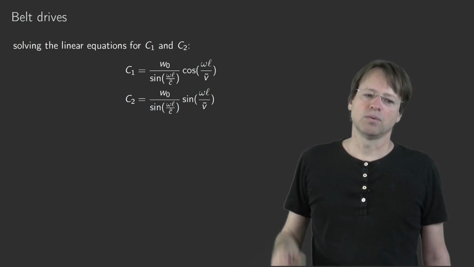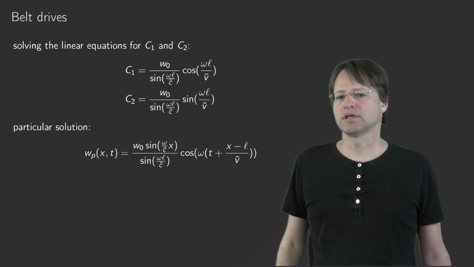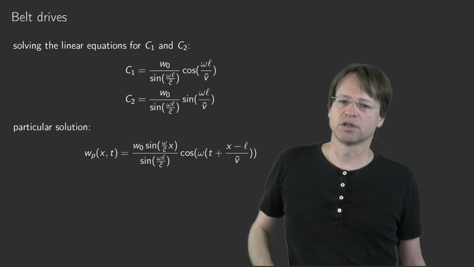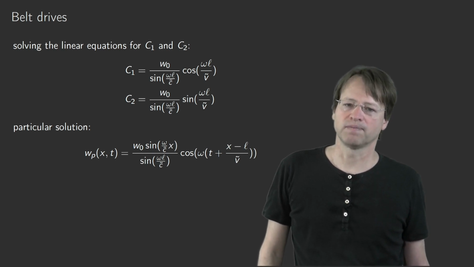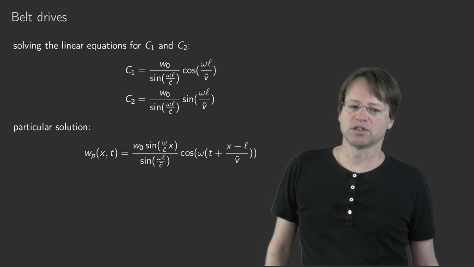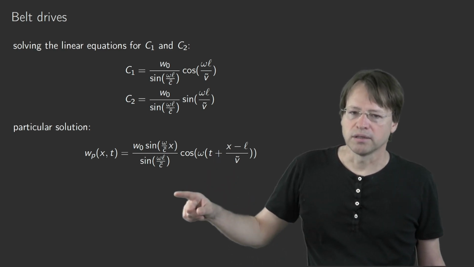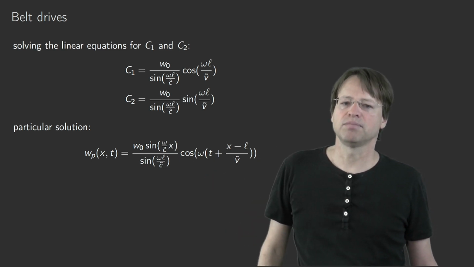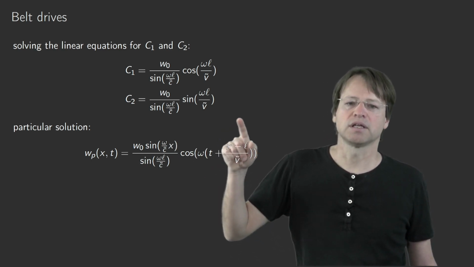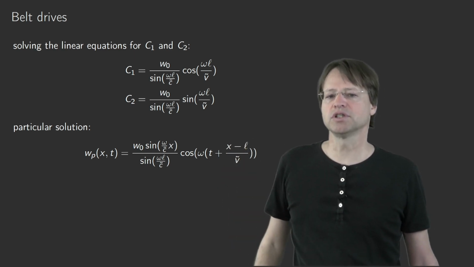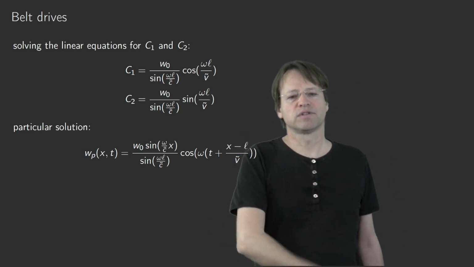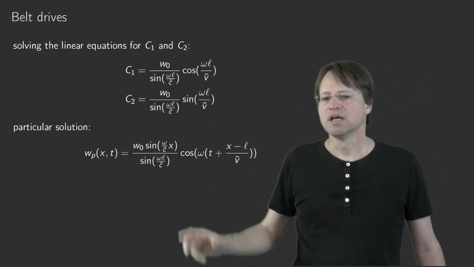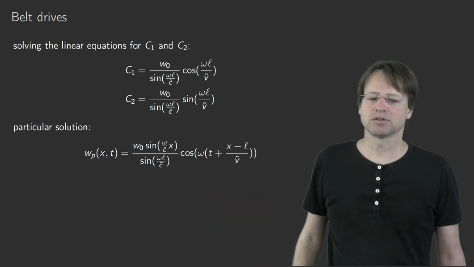What else can be seen? Well, we can add our particular solution and again sum up these terms using addition theorems for the sine and the cosine function. What you can see in this representation is that if you interpret this as an amplitude, with the time-dependent behavior and a phase shift, then not only the phase shift is position dependent, but also the amplitude or the magnification factor becomes position dependent in that particular solution.